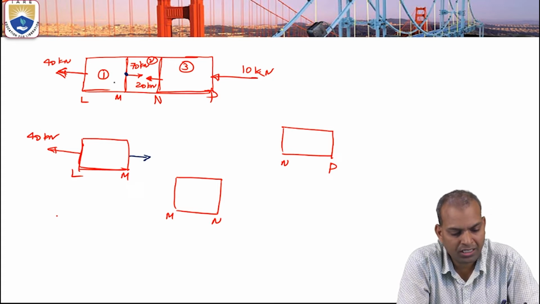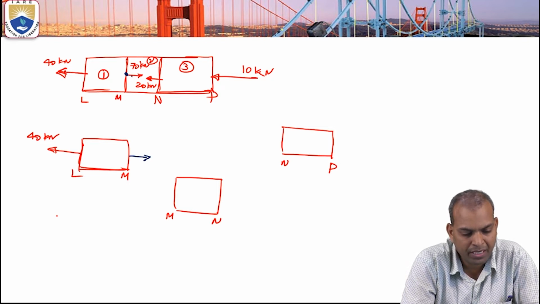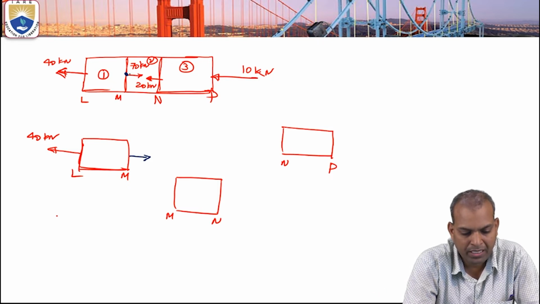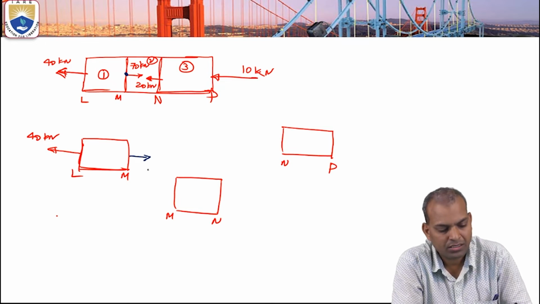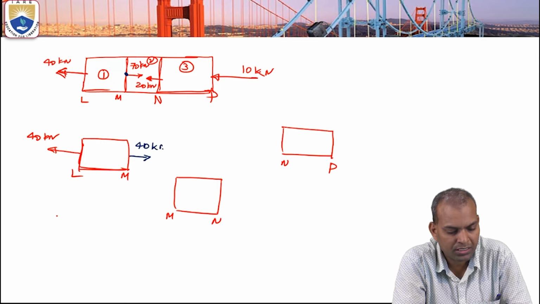How does this side portion come? Let us take 70 minus, what is the total load acting here? 70 is going towards the left. 70 minus 20 minus 10, that is 70 minus 30, that is 40 kilonewtons tensile.